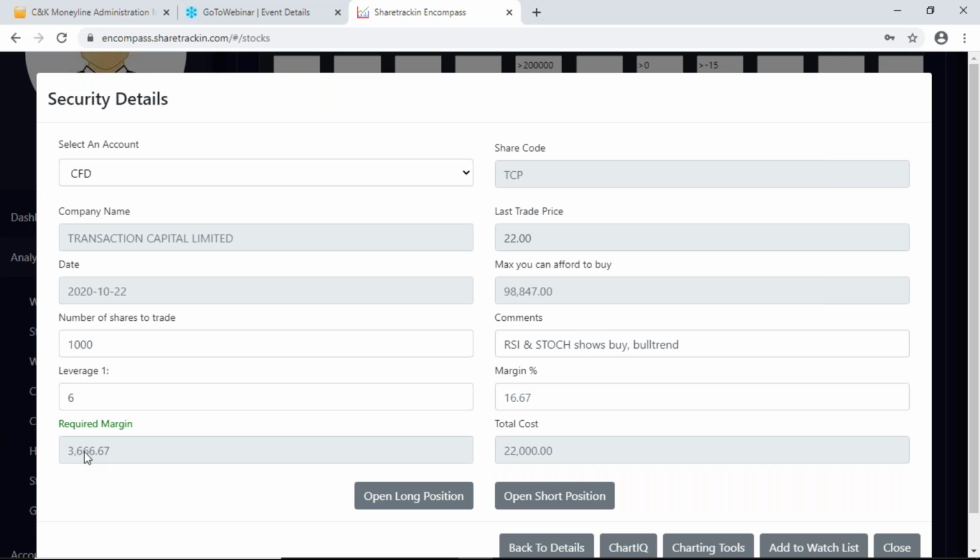We pay the 1 and they give us 6 in return. So we pay 3,666 rand and 67 cents, and then they make it 22,000 rand straight for us to trade with. You would then make your losses and gains on the 22,000 rand.